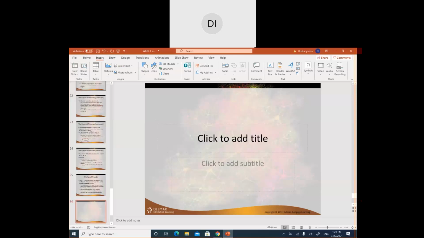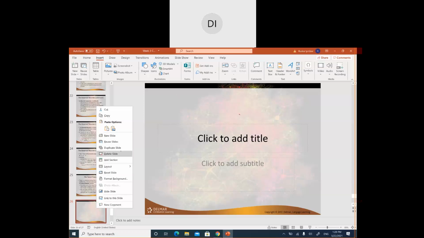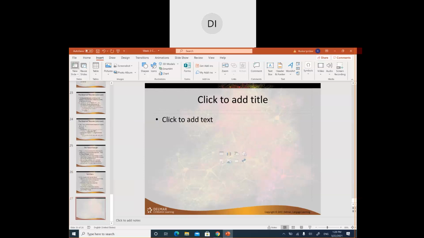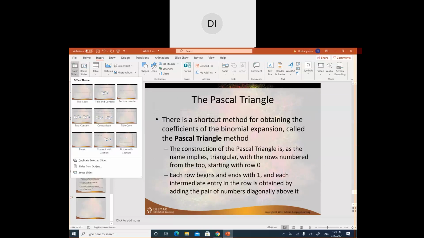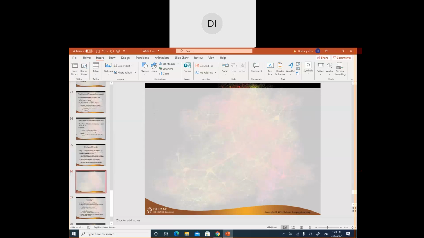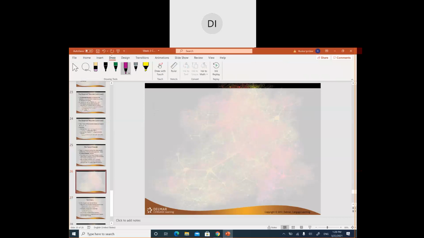So this is how the Pascal's Triangle looks like. I'm going to delete this, I'm going to insert a better slide. Okay, so I'm going to give you an example of Pascal's Triangle. So this is how the Pascal's Triangle looks like. It starts with 1, and then you have 1 and 1, and then the next row starts with 1, and then you add the previous two numbers, 1 plus 1 is 2, and you finish with 1.